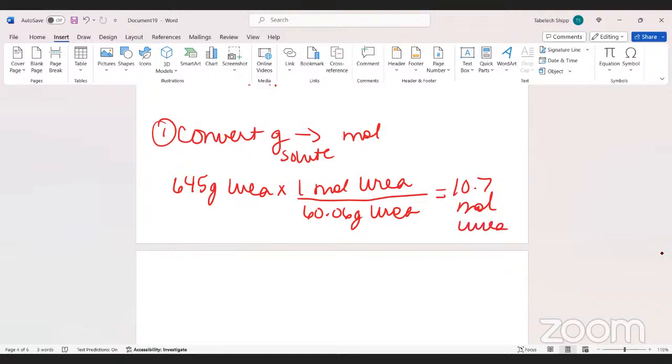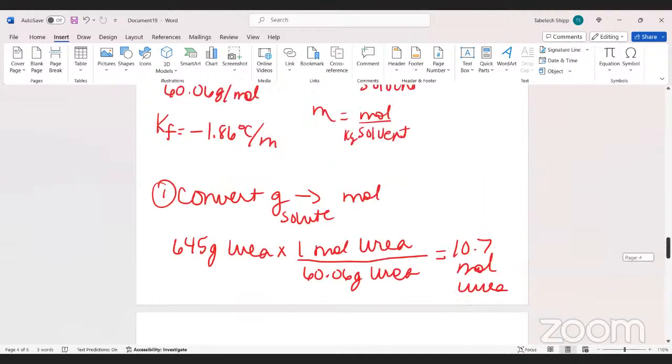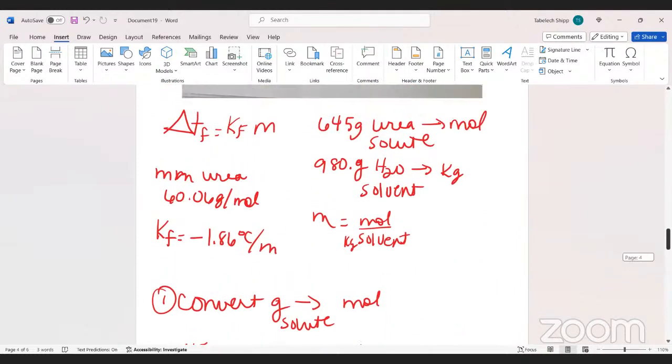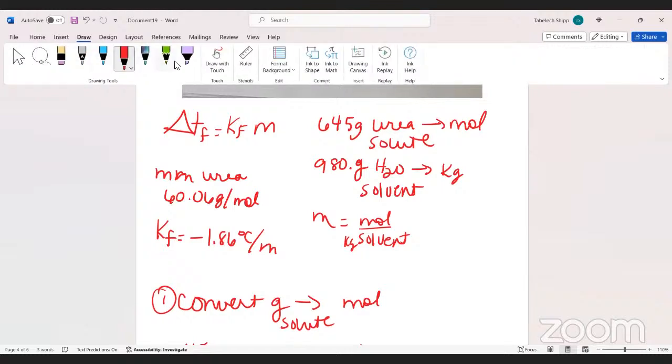Now, we're also going to take our water, that solvent that they gave us. We have to convert that 980 grams of water to kilograms. And all we need to do, guys, is move the decimal 3 places to the left. I'm going to show you on the side, that 980, we move 3 places to the left. I put it in blue so you can see that.